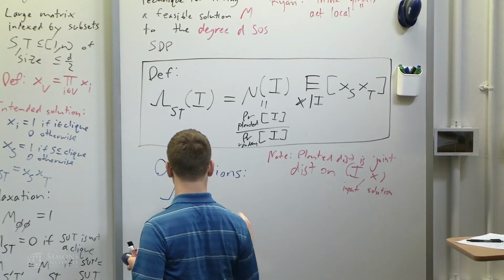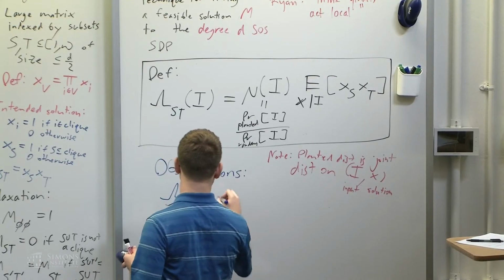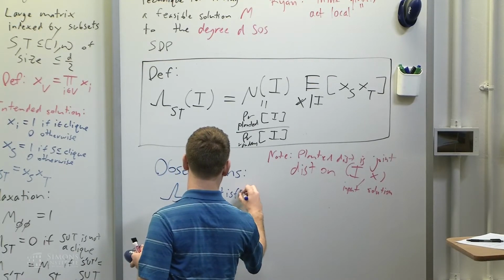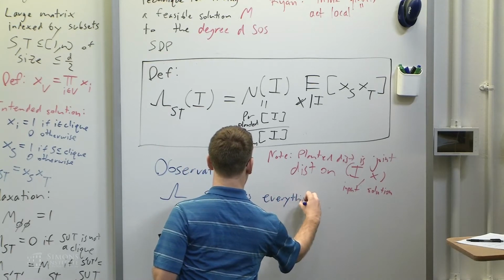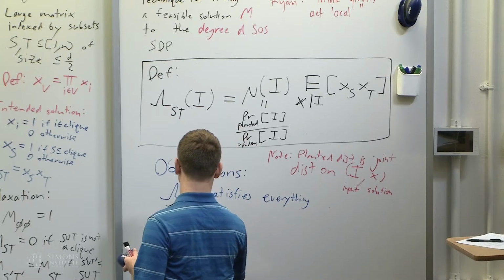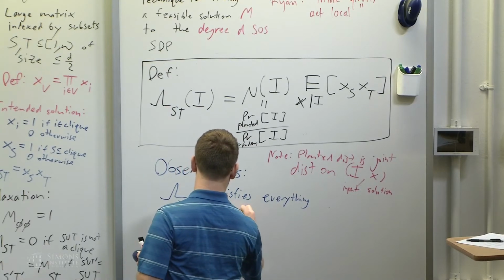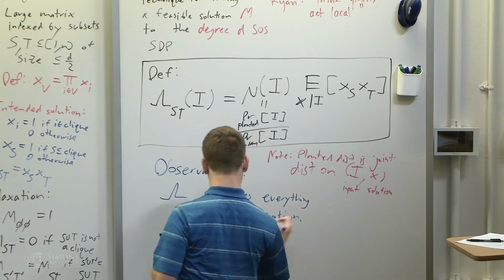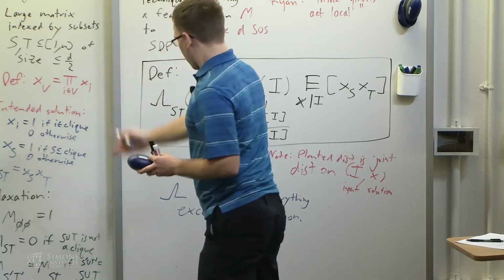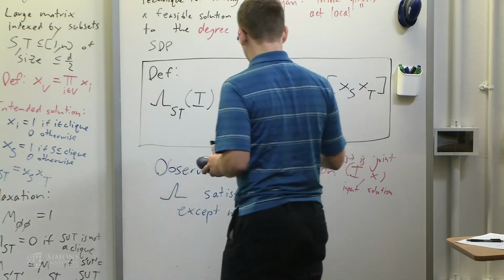The key observation is that it satisfies everything except normalization. Okay, so why is this true?